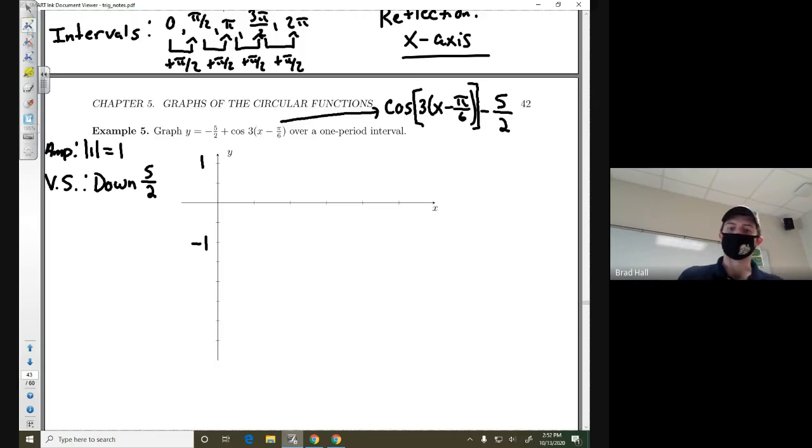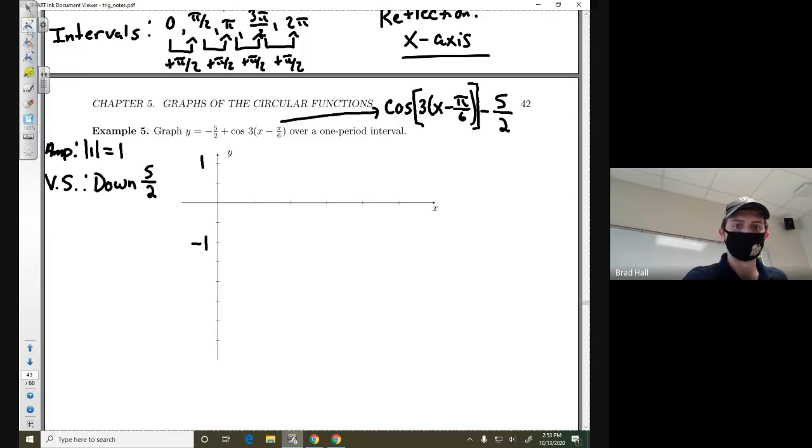So that means 1 and -1 are now going to be shifted down 5/2, which is also 2.5. So that's why these increments are going by 1/2, because I anticipated that we're shifting down where we have to consider half increments as well.